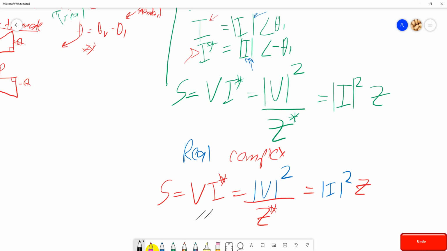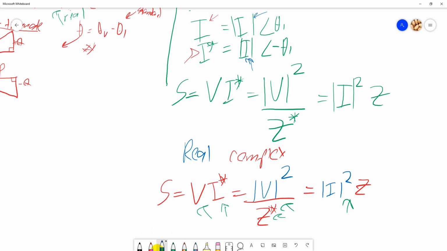How about the conjugate? The easiest way to remember is that whenever there is voltage, you need to conjugate the other component, which is Z. For this case, there is no voltage, so no need to conjugate. So that's it for complex numbers. Basically you have to memorize this.